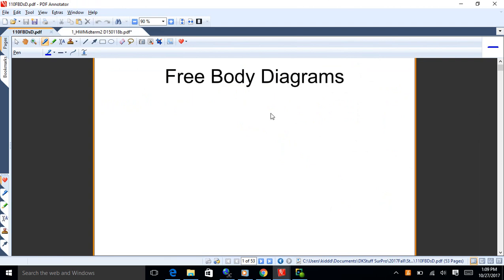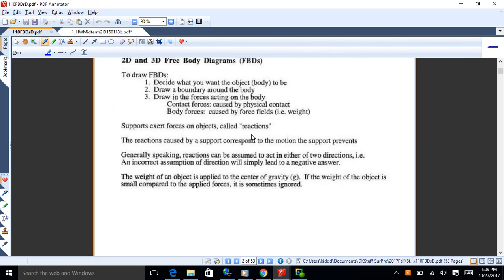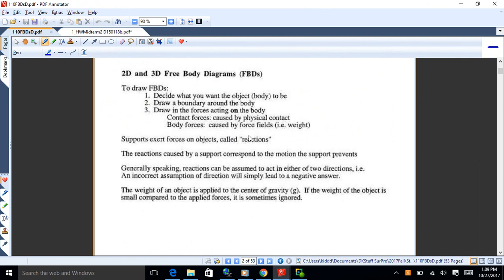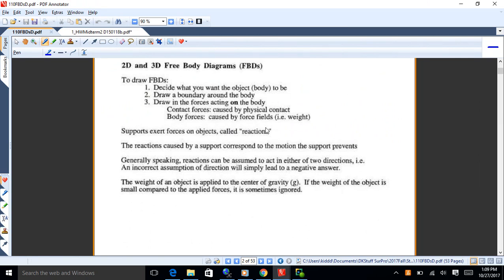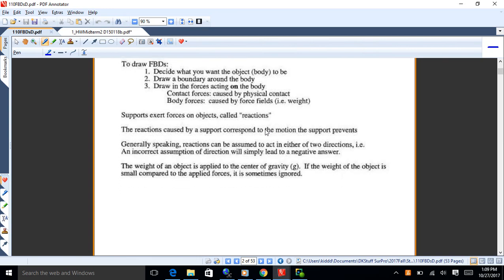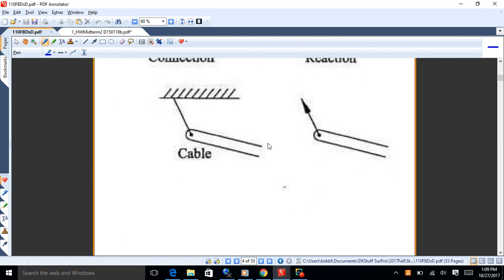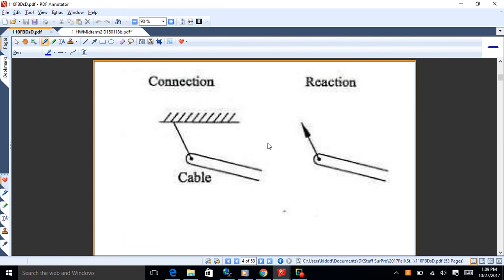Okay, more free body diagrams then. What we look at here, we draw a boundary around what we want our object to be. We look at the forces acting on the body, normally caused by physical contact plus weight. So what you look at then is the motion that the support prevents.